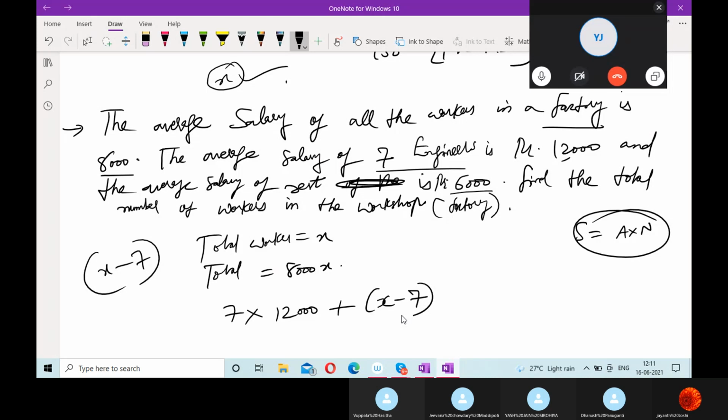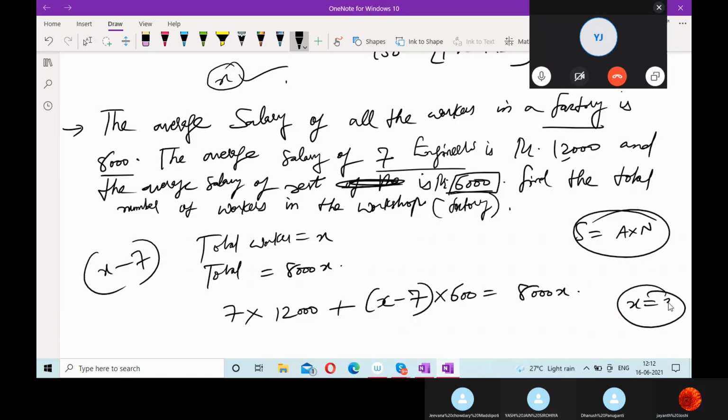The rest of the workers are getting 6,000 per head, so (X minus 7) into 6,000, plus the engineers' salary, is equal to the total salary 8,000X. Now please solve and tell me the X value. Come on, do this. Tell me the X value fast.